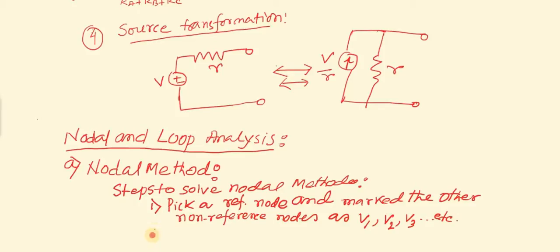Next, after picking the reference node and marking the non-reference node voltages, apply KCL, that means Kirchhoff's current law, to each of the non-reference node voltages.